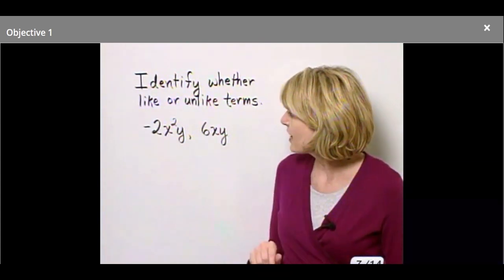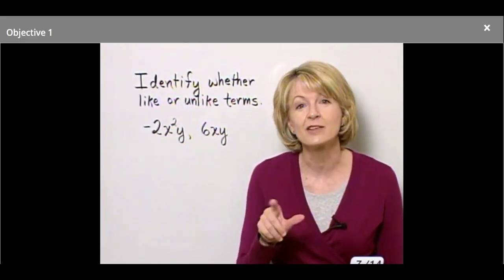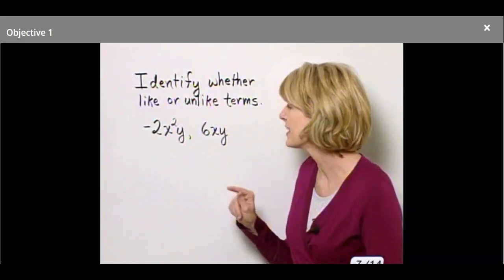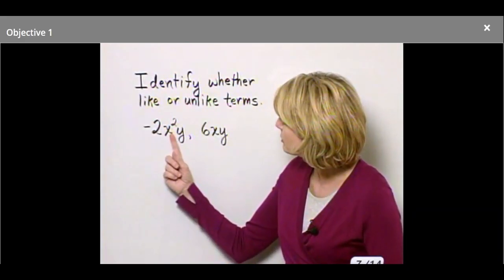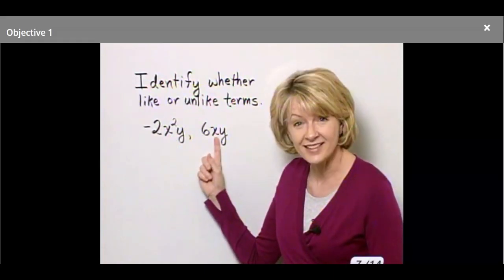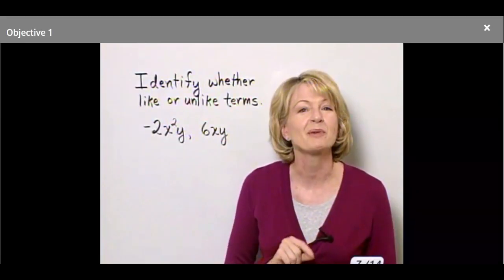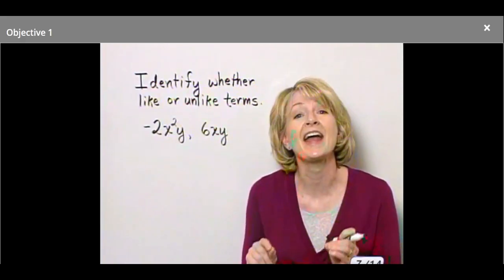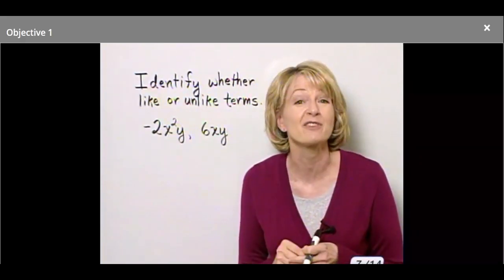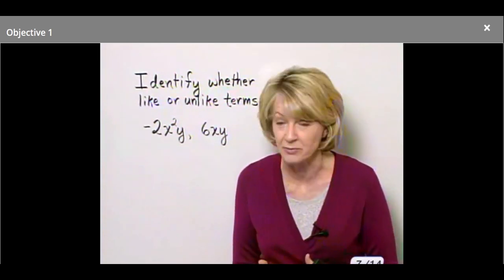So we have two terms. We want to identify whether these are like terms or unlike terms. So let's look at the variables and the exponents on the variables. I have a variable of x here and x here, a variable of y here and y here, but remember that's not enough. The variables have to be exactly the same and their exponents have to be exactly the same for us to have like terms.